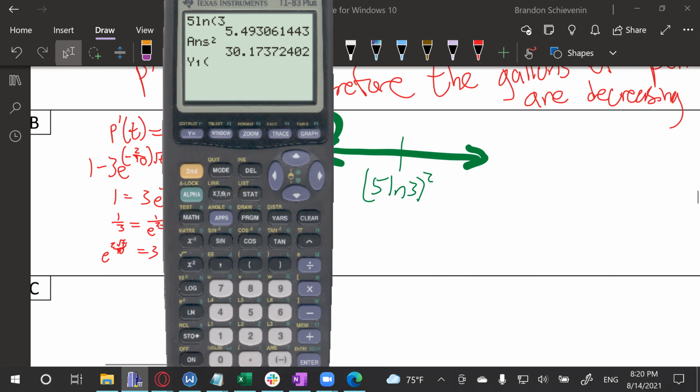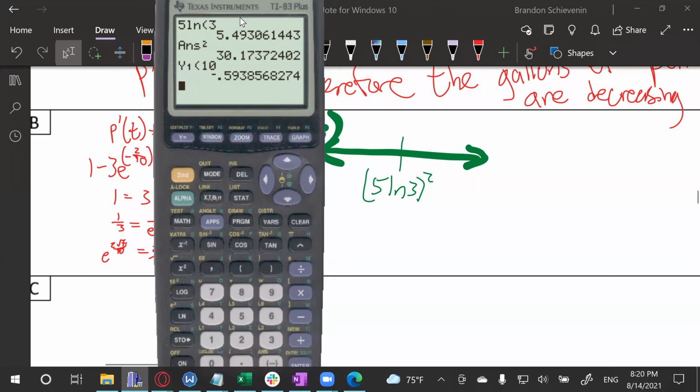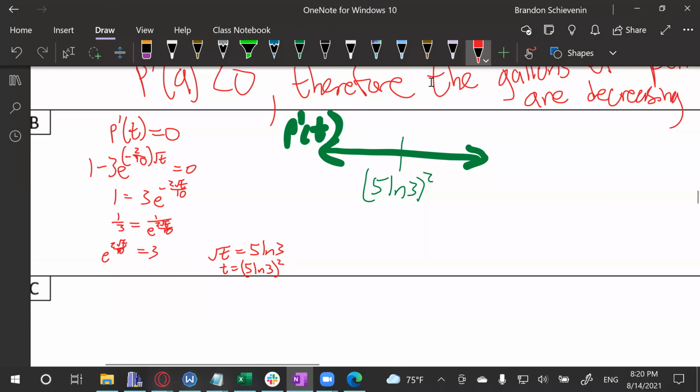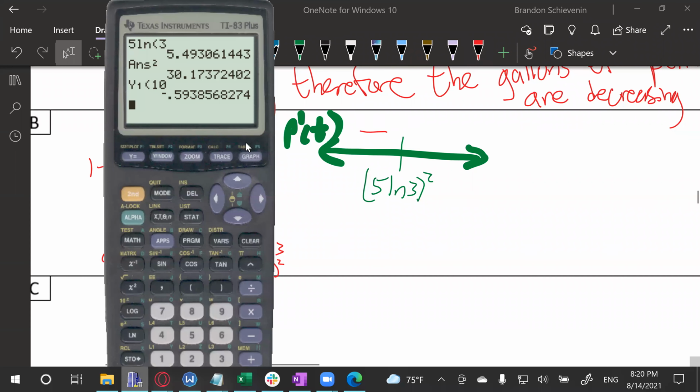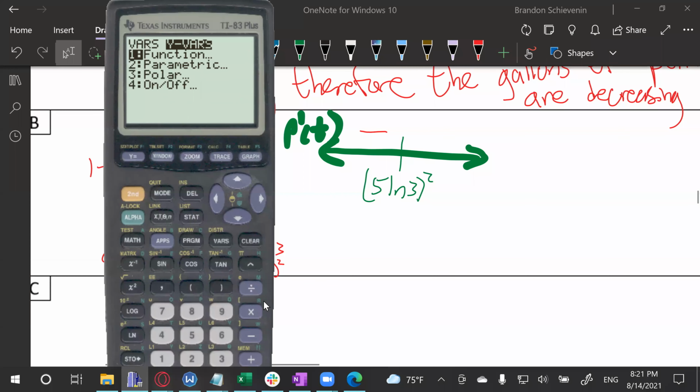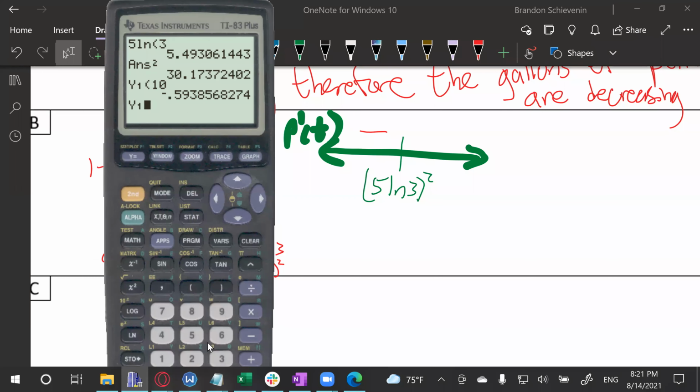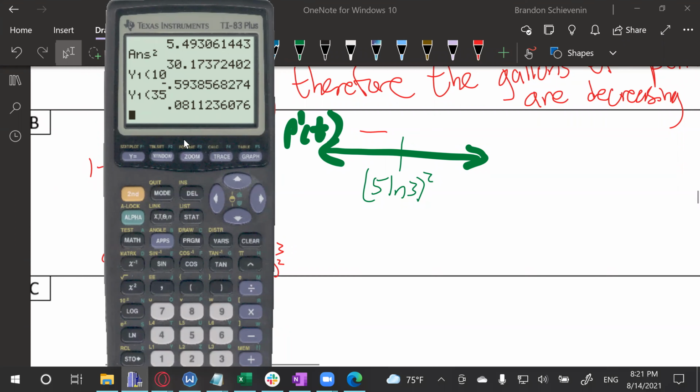We'll plug in any value that is before 5 ln 3 squared, which we had was 30. So I'll go ahead and plug in, let's do 10. And I get a negative answer. Again, this is p prime. And hopefully we'll plug in a number that's bigger than 30.2-ish, and I should get a positive answer. Let's do 35 maybe. Okay, I do get a positive answer.